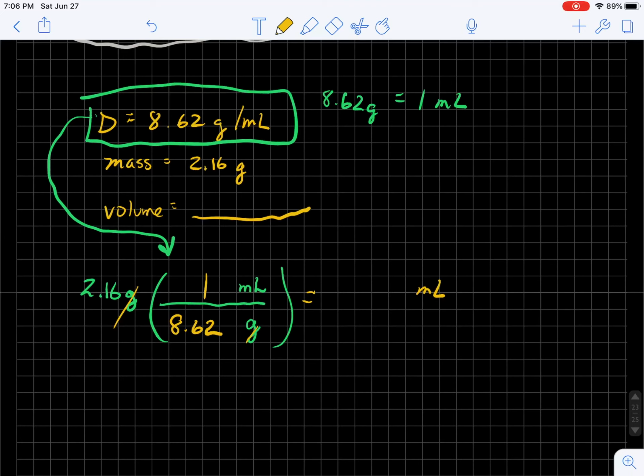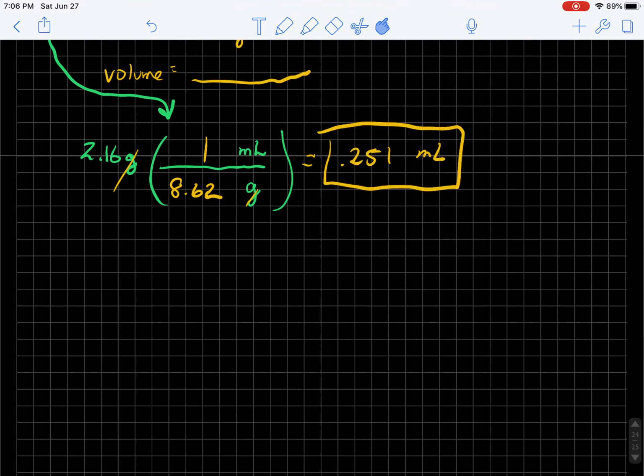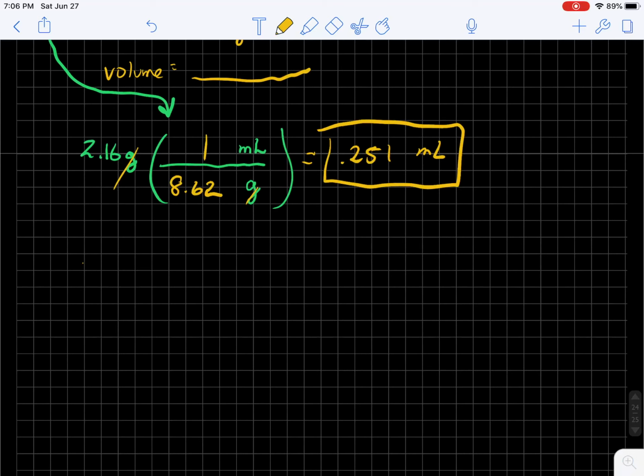Because grams cancel out, we're left with milliliters, which is the unit we wanted. So we can now do the mathematics here. 2.16 times 1 divided by 8.62, and we get 0.251 milliliters.